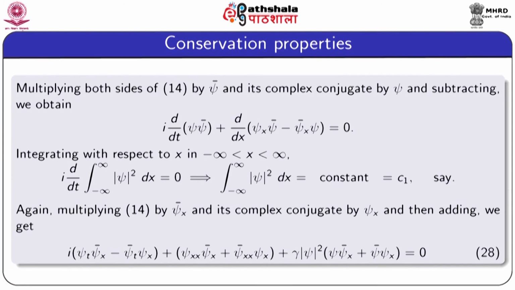To prove the conservation properties, we multiply the standard nonlinear Schrodinger's equation, which is given by equation number 14, by psi bar and its complex conjugate by psi, and then subtracting we obtain i d/dt of |psi| square plus d/dx of (psi x psi bar minus psi x bar psi) equals 0.